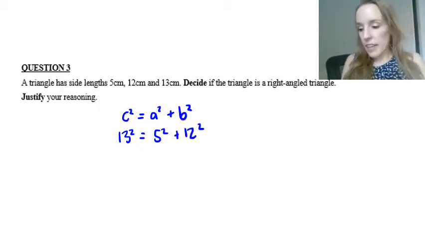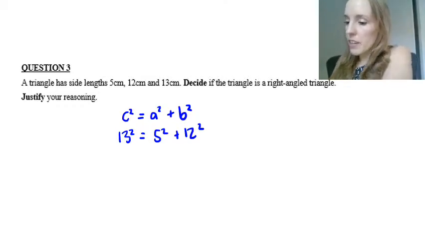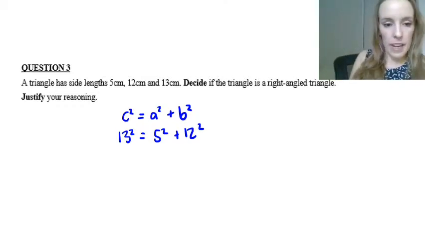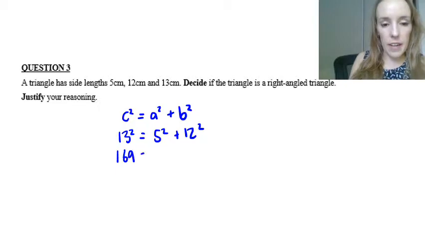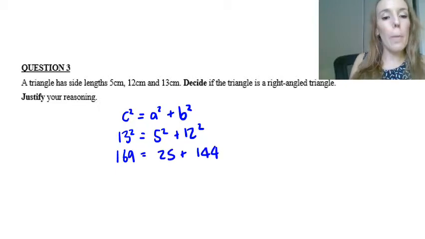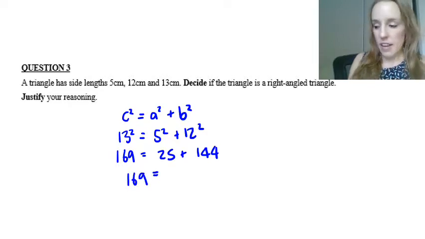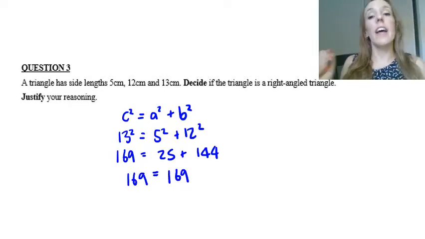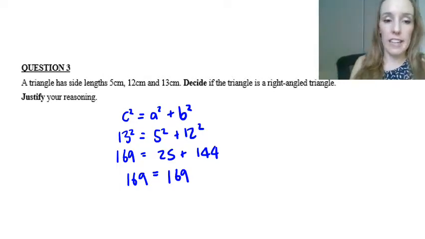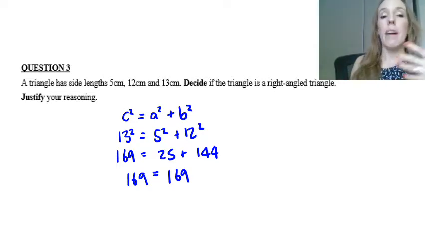So in your calculator, you can just type that in. So 13 squared is 169, and that's equal to 25 plus 144. 169 is equal to 169. So yes, so c squared is equal to a squared plus b squared. So you could say, therefore, this is a right-angled triangle. You have to justify it.